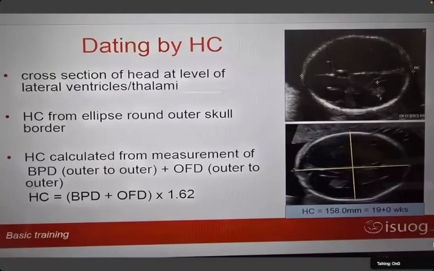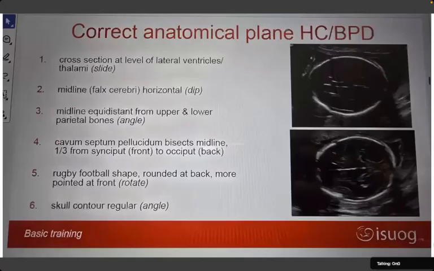Dating by the head circumference. Once the crown rump exceeds 84 millimeters, dating is done by using the head circumference. This can be with or without the femur length from the mid-trimester onwards. The correct anatomical plane for head circumference or BPD measurements is, again, a cross-section at the level of the lateral ventricles.